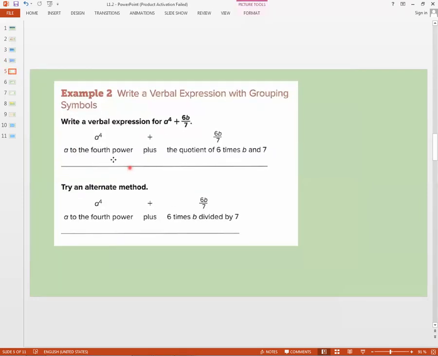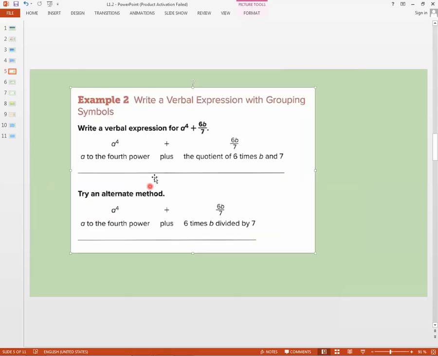Okay, next one. Another example. Example 2. Write a verbal expression with grouping symbols. Write a verbal expression for this one. The first one is a power 4, a to the 4th power. The second one is 6b over 7.